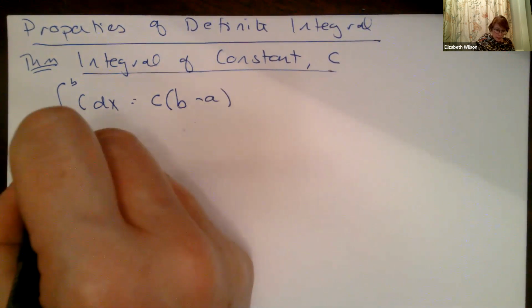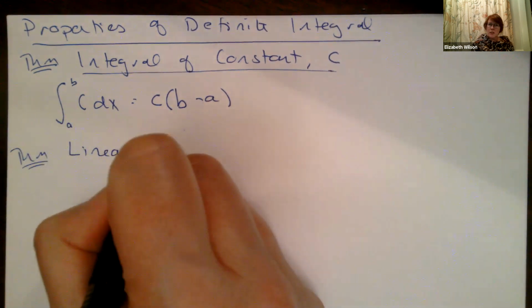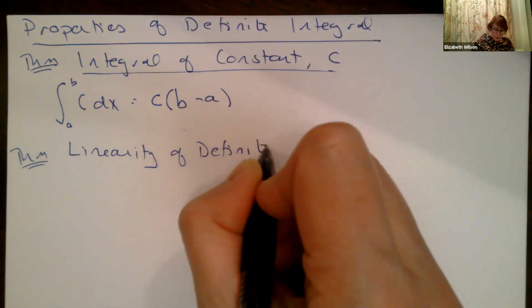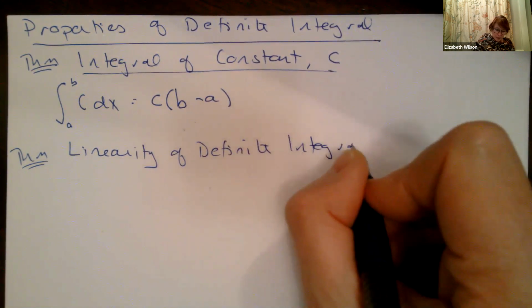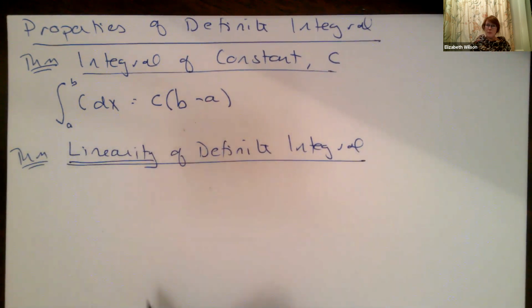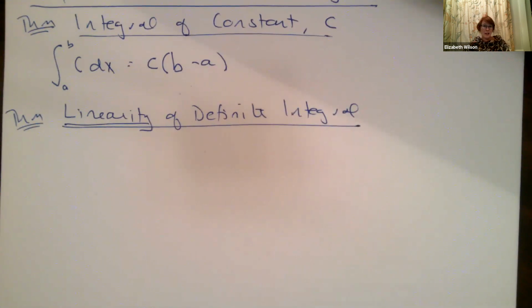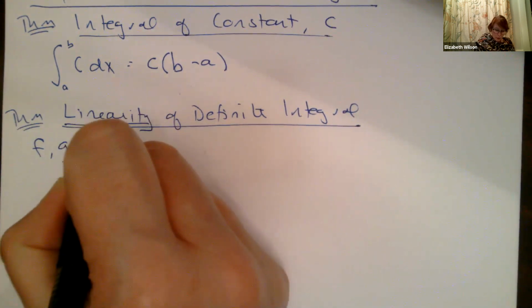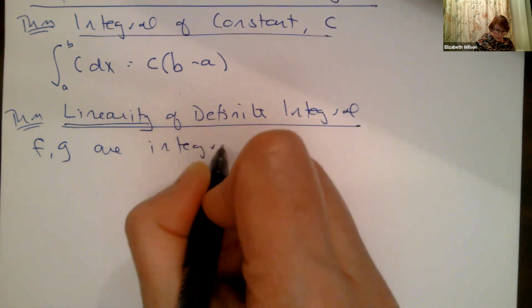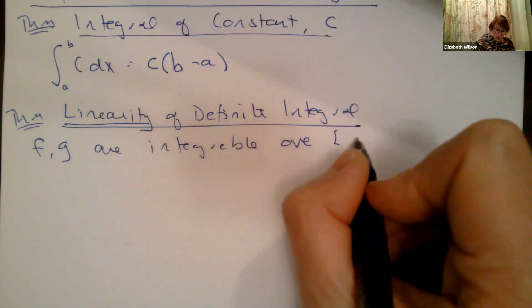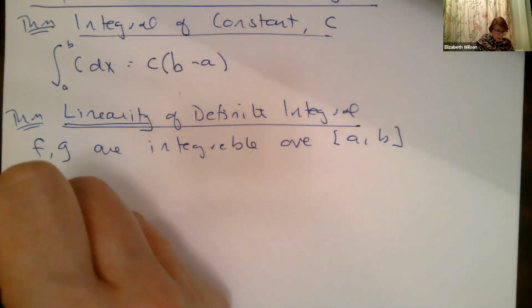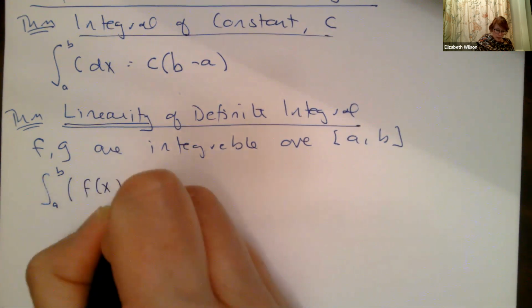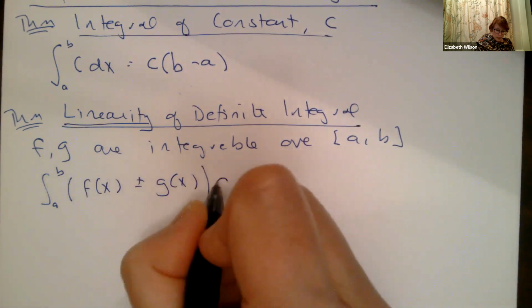Theorem, there's a linearity, which we just did in the previous example, linearity of definite integral. We did the linearity of the indefinite integral in the previous chapter, but the linearity basically applies when I have two functions being added or subtracted together. So I'll say individually f and g are integrable over our interval a to b. Okay, so I'm going to go a to b f of x plus or minus g of x dx.